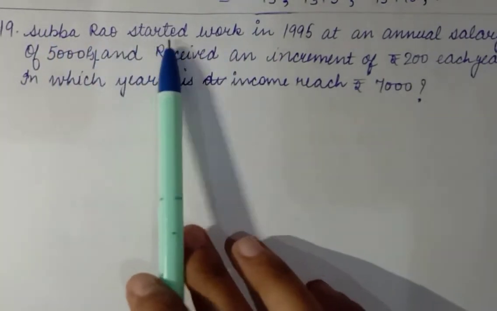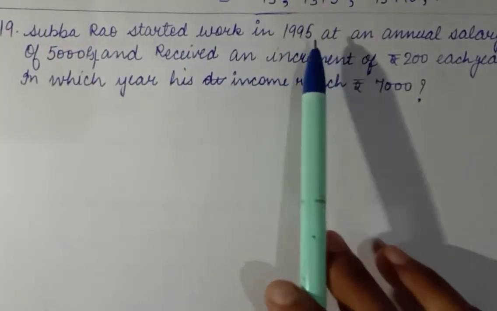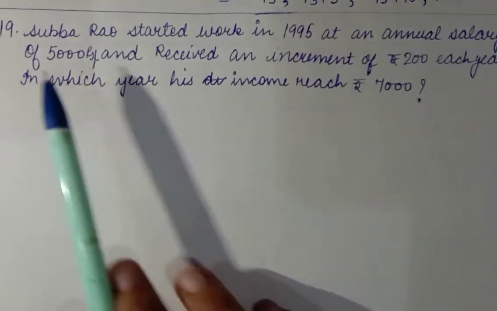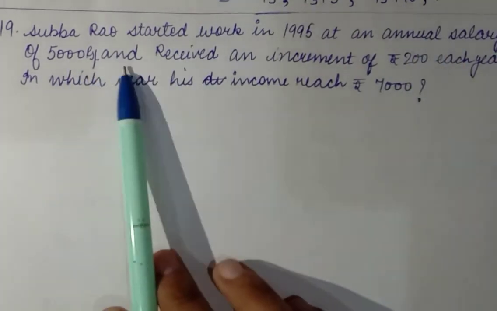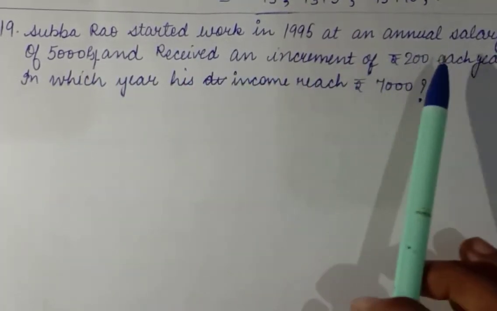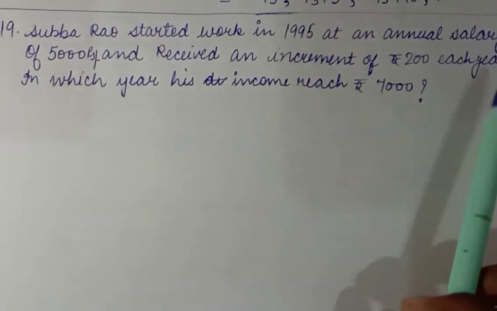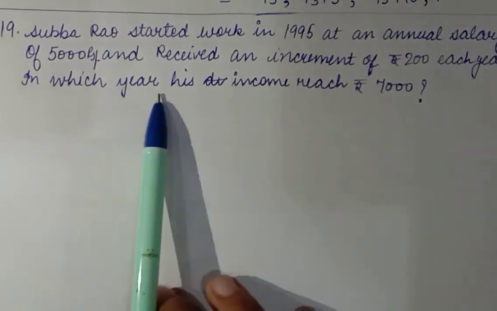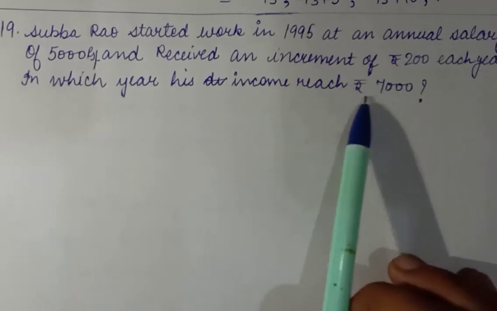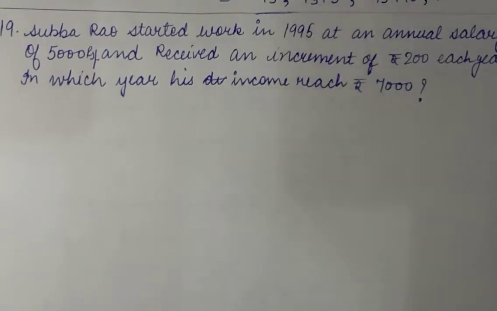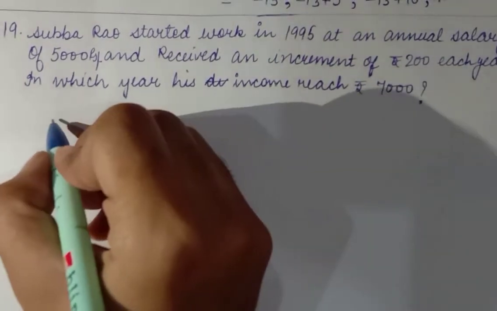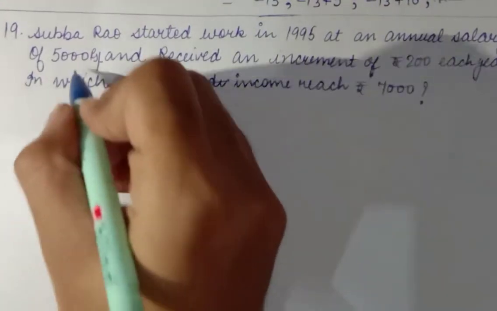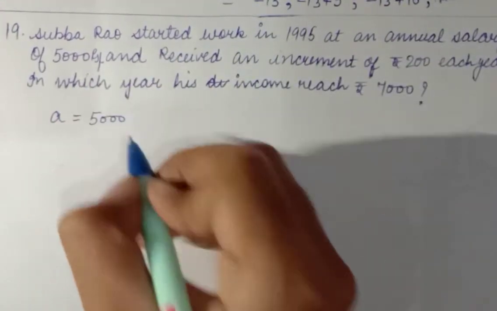Next is 19th question. Subba Rao started work in 1995 at an annual salary of 5,000 rupees and received an increment of 200 rupees each year. In which year his income reached rupees 7,000? In this we are given first term, that is a, 5,000.